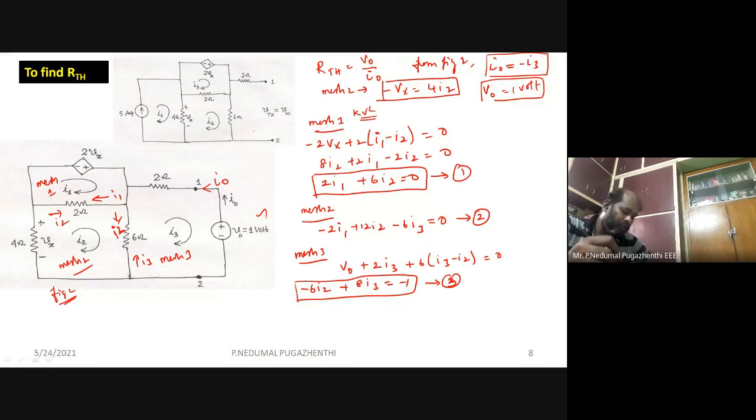So if you solve that, I will get I3. Just a minute, I'm trying to verify the result I am having. So this equation provides me I1 is equal to minus 3 I2.